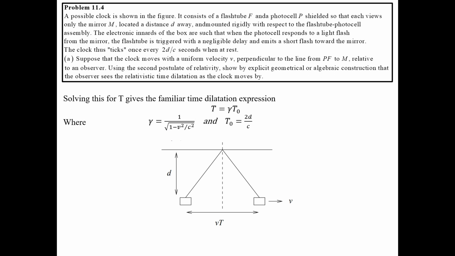Solving this for t gives the familiar time dilation expression t equals gamma t0, where gamma equals 1 over the square root of 1 minus v squared over c squared, and t0 equals 2d over c.